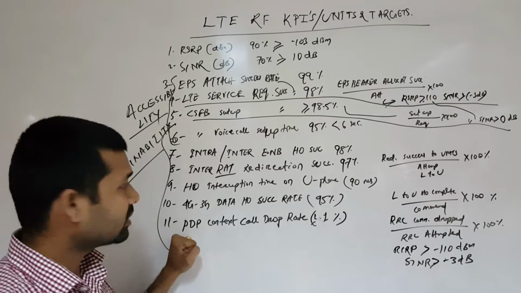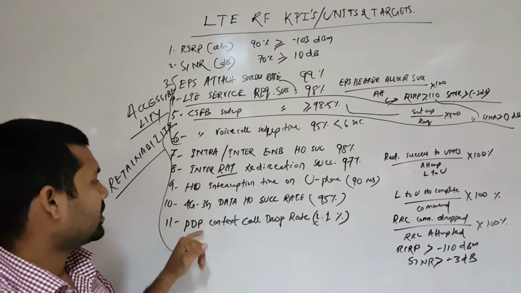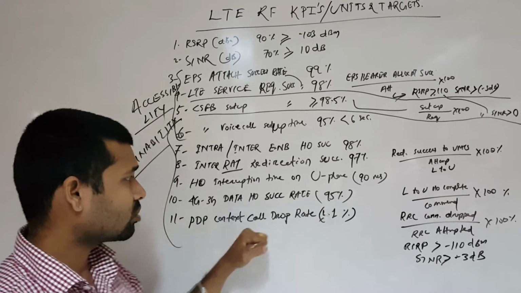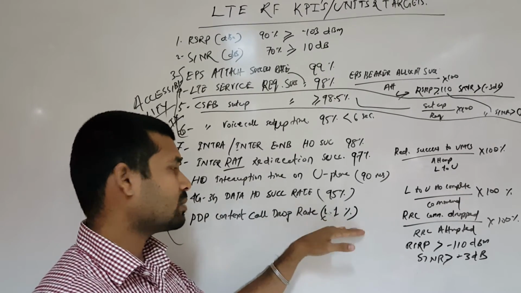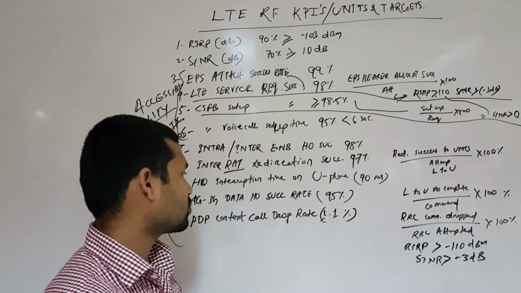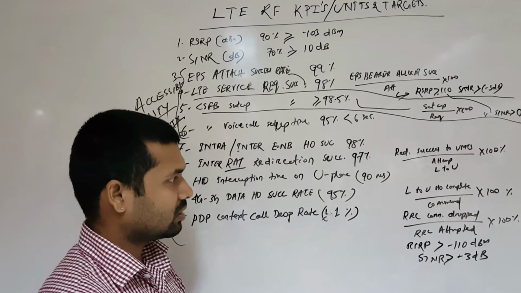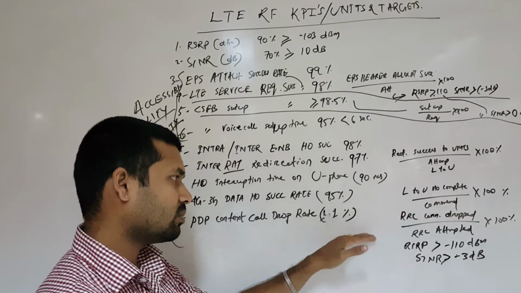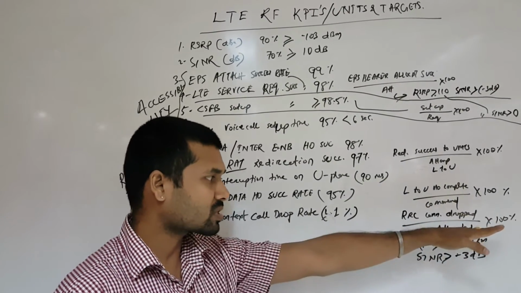And the last one, the 11th one, the sixth retainability KPI, PDP context call drop rate. Basically data call drop rate, PDP context call drop. It should be less than 1%. It's very sensitive, so we need to see there shouldn't be more than 1% call drop at the PDP context level. The formula is the number of RRC connections dropped divided by the number of RRC connections attempted for PDP context into 100%.